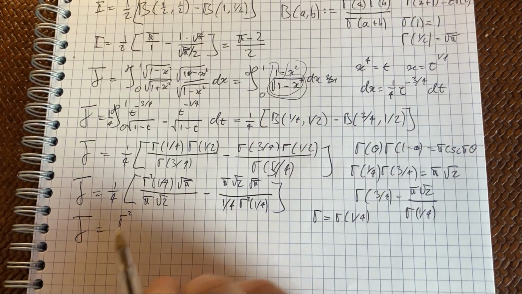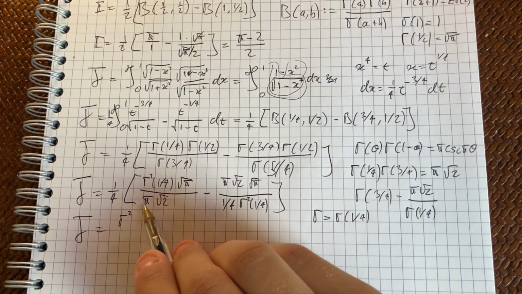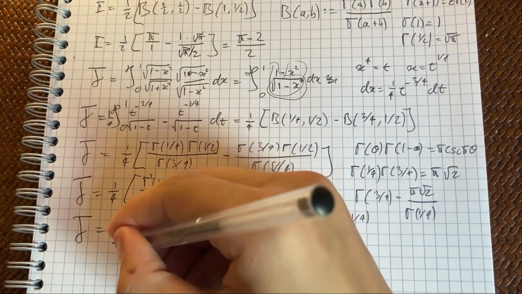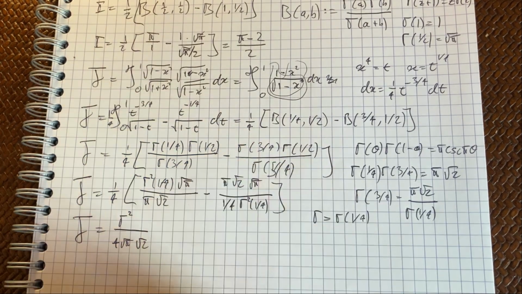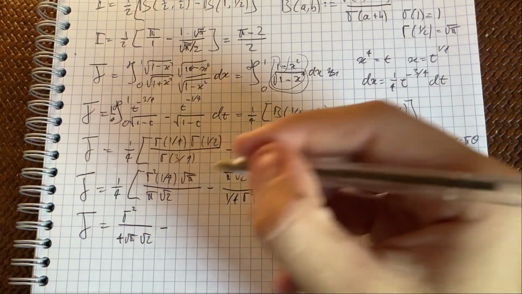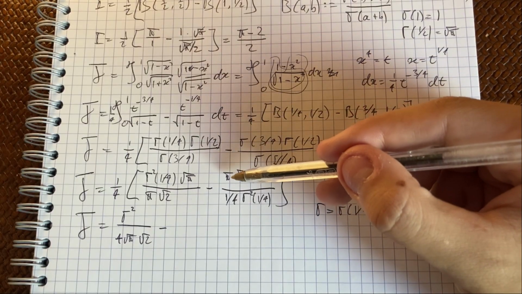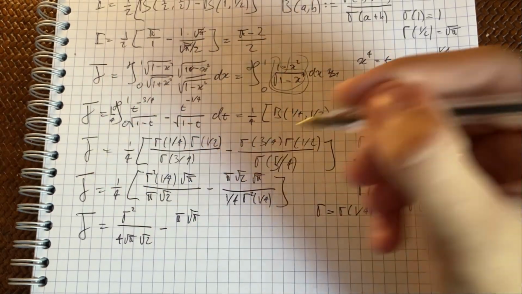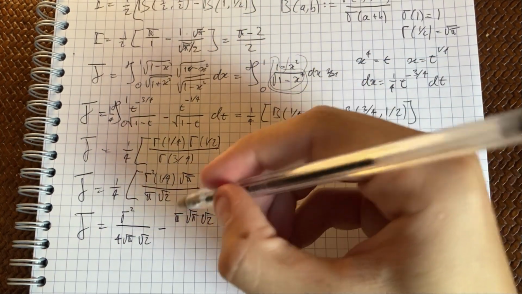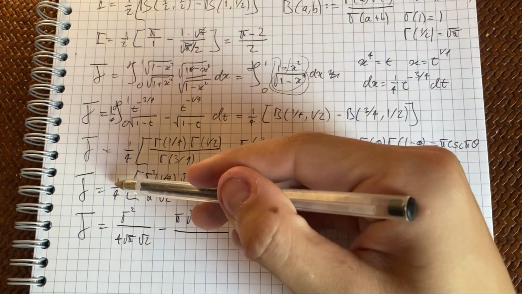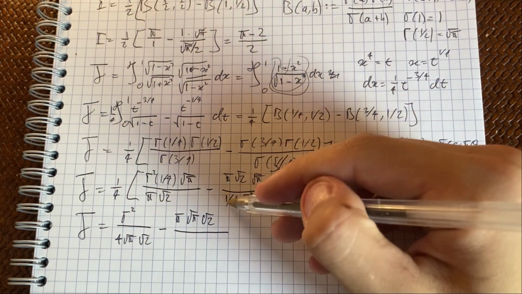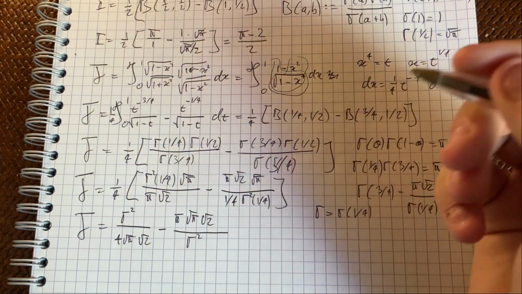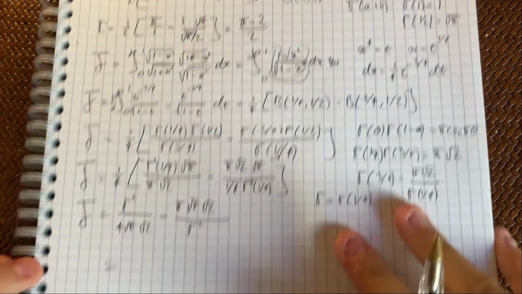So we have gamma squared, here square root pi and pi, so gamma squared by 4 square root pi square root 2, minus pi square root pi square root 2 divided by, and here we have 1/4 and 1 by 1/4, so they cancel out, and we have here gamma squared.